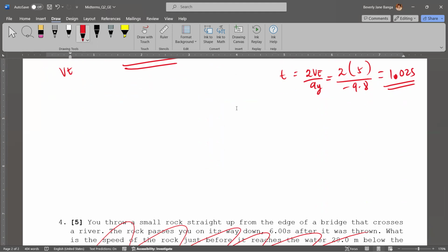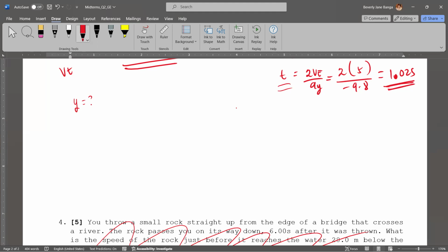Paano ba to? So we're looking for the highest height, no? So, highest floor. So, hinanap natin ay Y. Okay? Alam natin na si bolt natin again is simply in free fall, no? At alam natin na yung time para mag-travel siya ay 1.02 seconds.